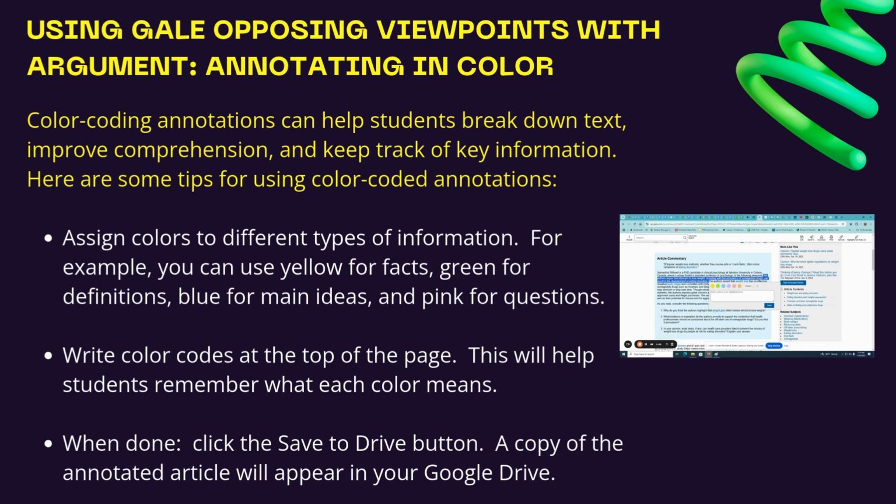So when I highlighted that, I automatically get the box that allows me to select the text color. Now, this sounds like a thesis statement to me, or the author's point of view. So I'm going to highlight that in yellow. Hit save.